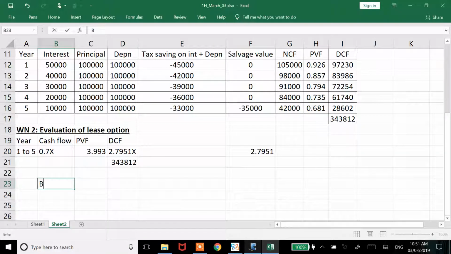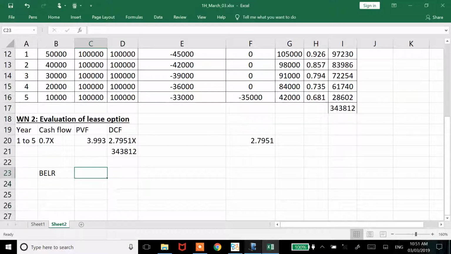So this is also called break-even lease rent, BELR, or indifferent lease rental.